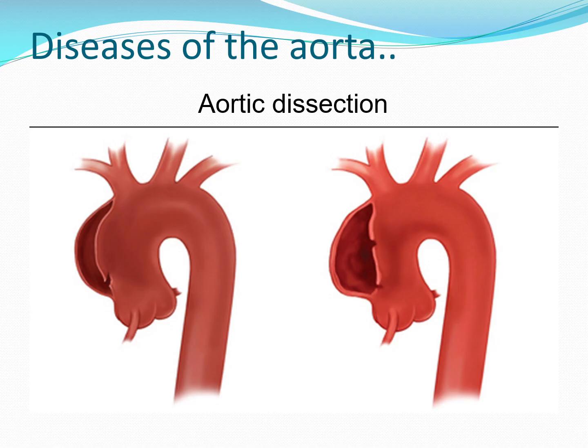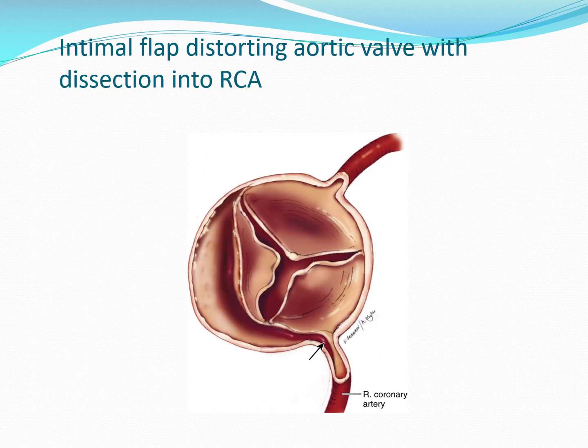If you see this, what you call a hematoma, there's a tear in the wall of the intima of the aorta, and you call this an intimal tear. And then a hematoma develops in the wall of the aorta, and the intima is pushed inside, and this will avulse the aortic valve.